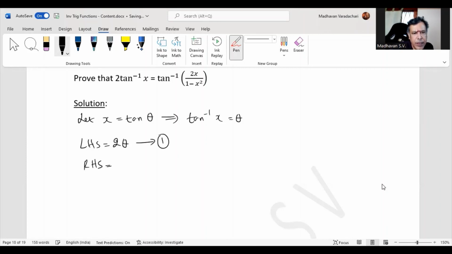RHS, if I proceed, it is tan inverse of 2 times tan theta divided by 1 minus x square, which is tan square of theta.